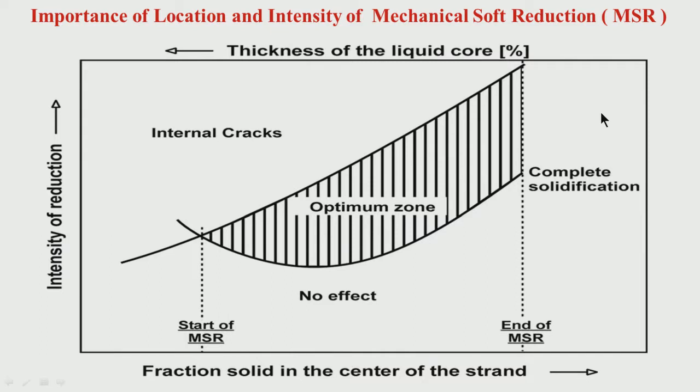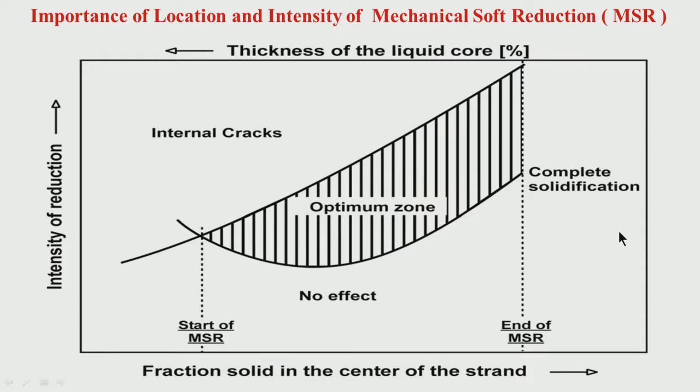So, the whole idea is to identify that zone where final solidification is expected to be there, that is number one. This area is important, where you are starting and where you are completing the mechanical soft reduction. Beyond complete solidification we should not give mechanical soft reduction.